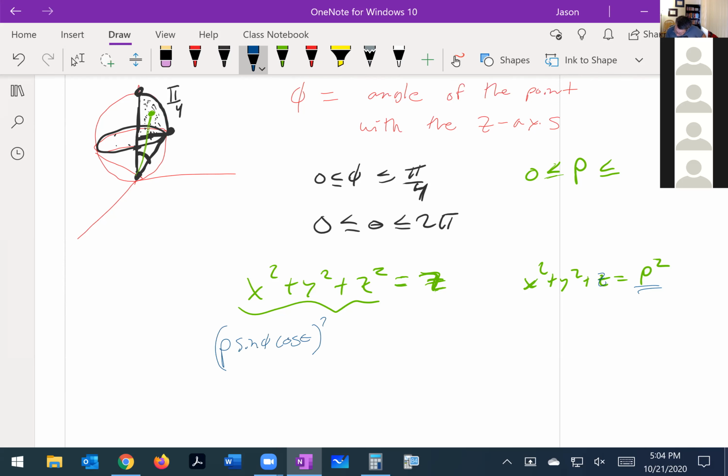Let's square that. Plus y, which is rho times the sine of phi sine of theta, and let's square that. And then plus z, which is rho cosine of phi, and we're going to square that and see what we get.